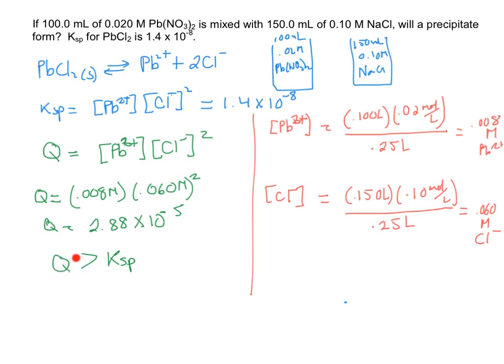If your Q is lower than your Ksp, that means these concentrations of my ions is very, very little. Not very much has dissolved. So very little of this is there, and so it's not going to form your solid. If Q is much larger, that means I have way too much of these than I could at a saturated solution, so that means the extra will precipitate. So in this case, a precipitate will form.